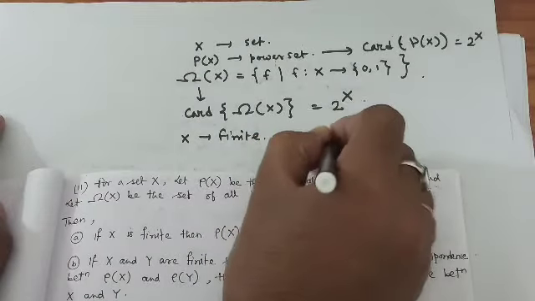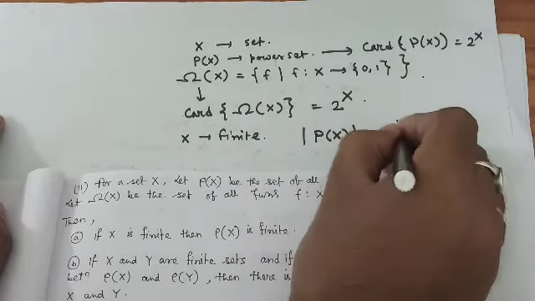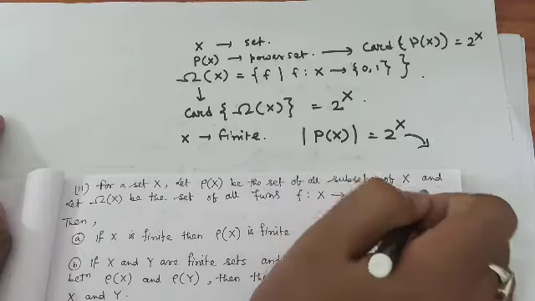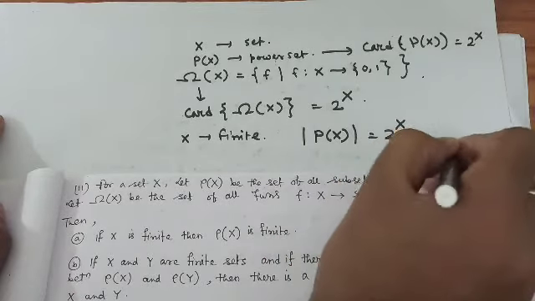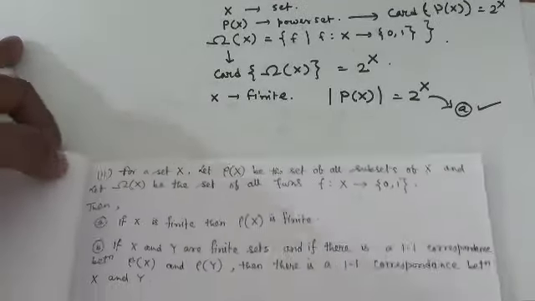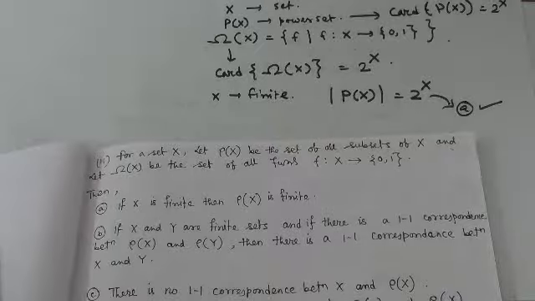So the cardinality of P(X) is going to be 2 to the power |X|, and if X is finite, this quantity is obviously going to be a finite quantity. So for the first option, there is nothing special, it is correct.